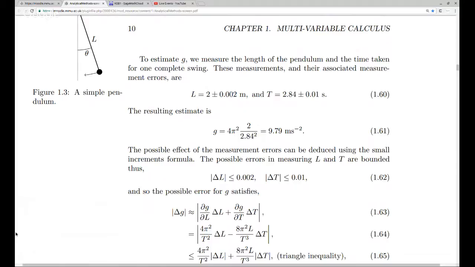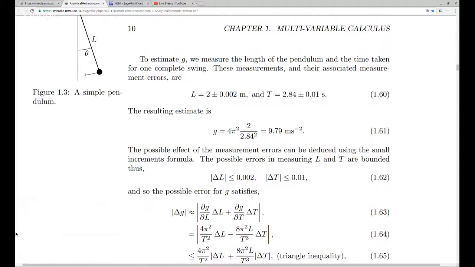So suppose we say, well, we've measured the length of the pendulum. It's a 2-meter length pendulum, but I've only got a certain amount of confidence in my ruler. It's going to be 2 meters plus or minus 2 millimeters, 2/1000ths of a meter, okay?